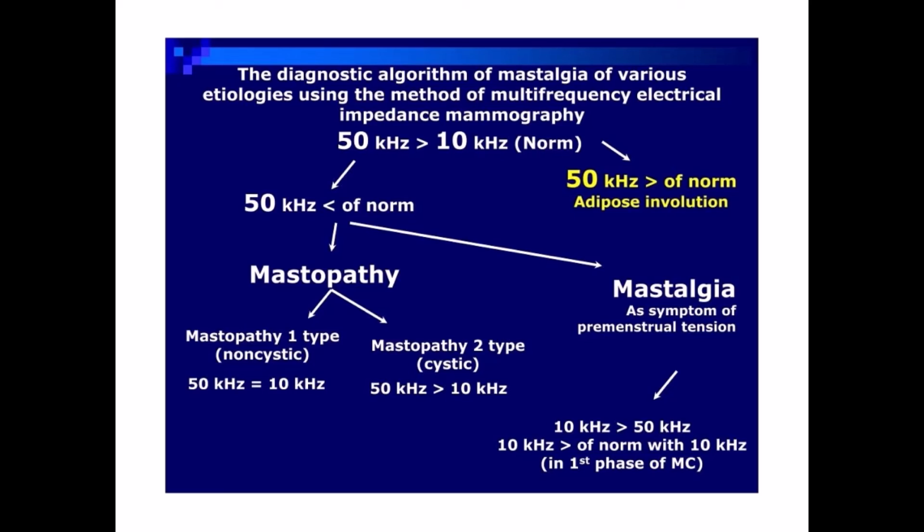Mastopathy 1 type, non-cystic, 50 kHz equals 10 kHz. Mastopathy 2 type, cystic, 50 kHz, 10 kHz. Mastalgia as symptom of premenstrual tension: 10 kHz higher than norm in the first phase of MC.